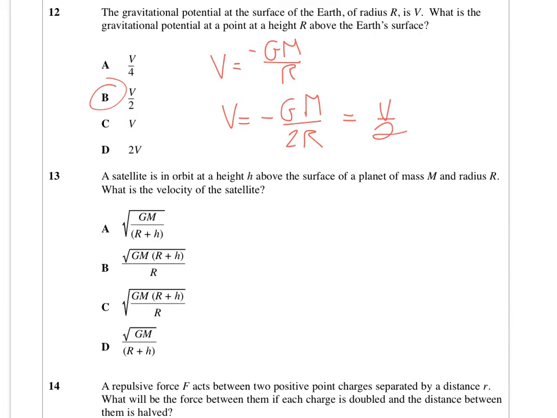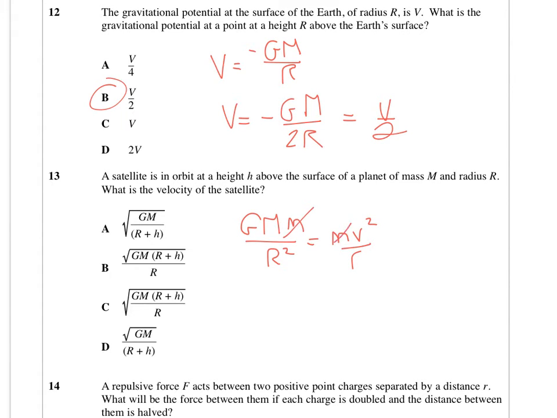So looking at 13, a satellite is in orbit above the surface of a planet with mass M and radius r. What is the velocity of the satellite? So this is going to be talking about a geosynchronous one, where GMm over r squared is going to be mv squared over r.